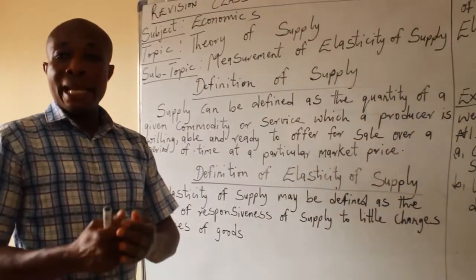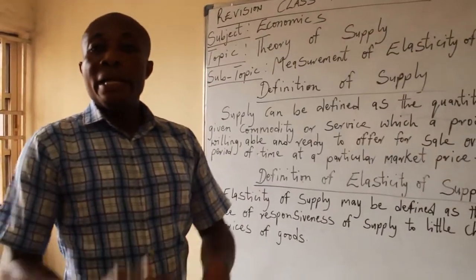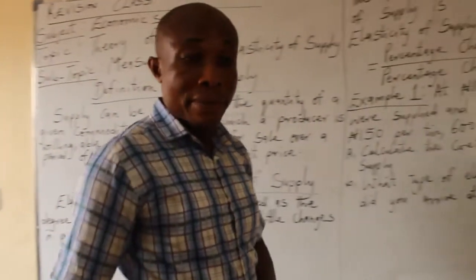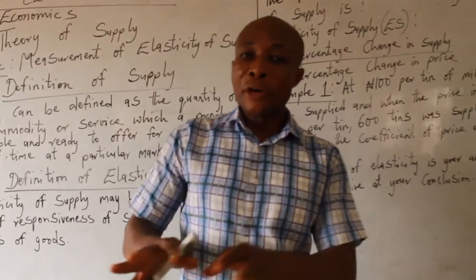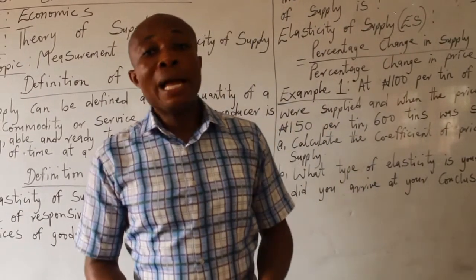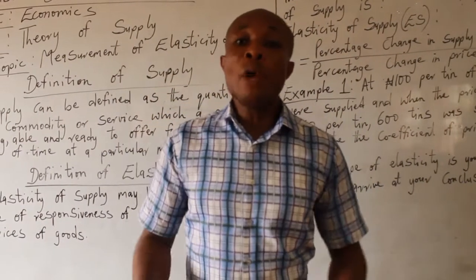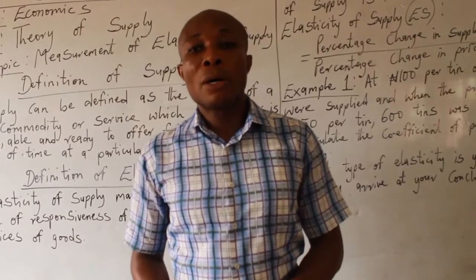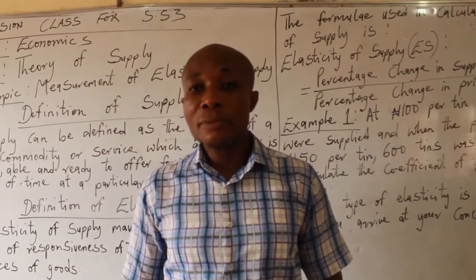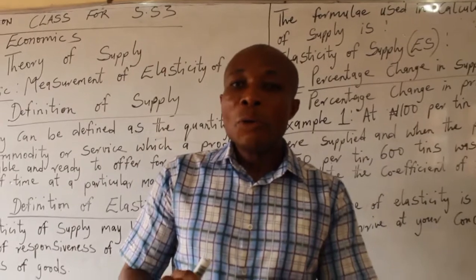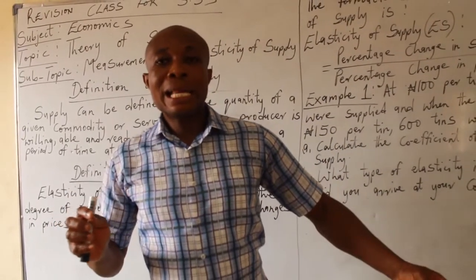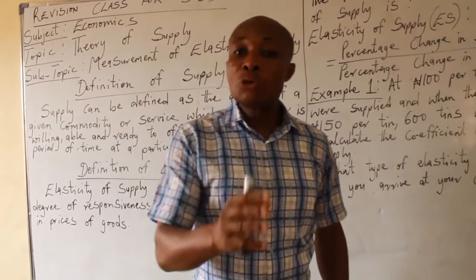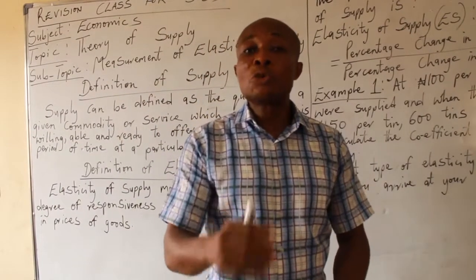If the price increases, the supplier may be willing to supply more. And if the price reduces, the supplier may be unwilling to supply more, and vice versa. But now we are going to look at the extent that he is going to be willing to offer his commodity or his goods for sale.